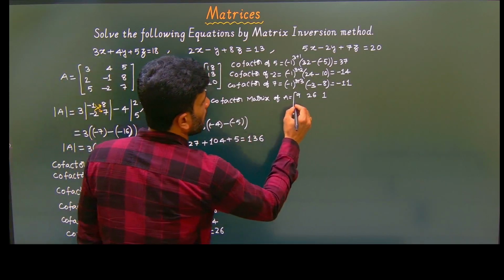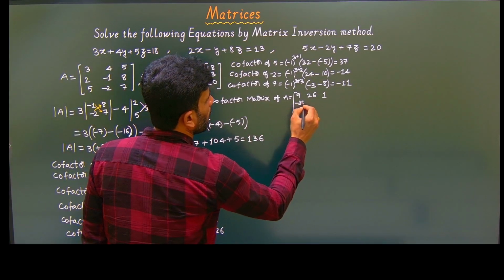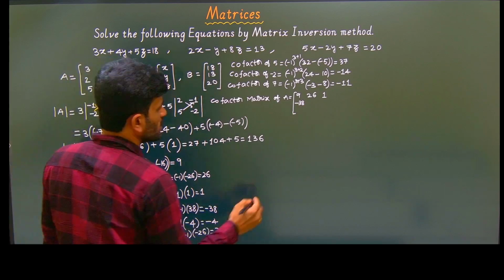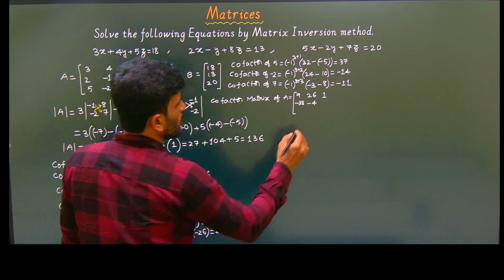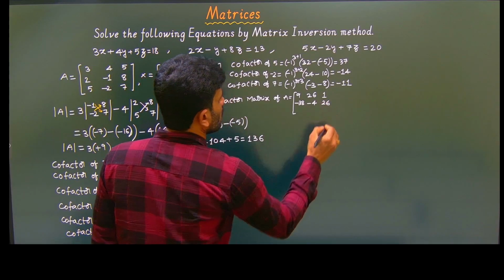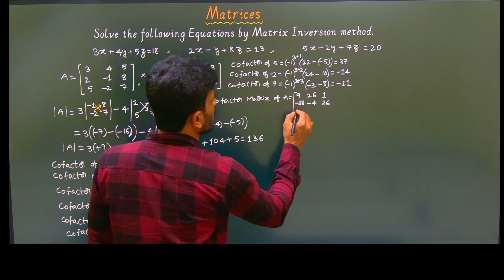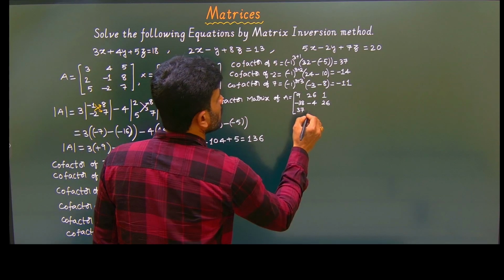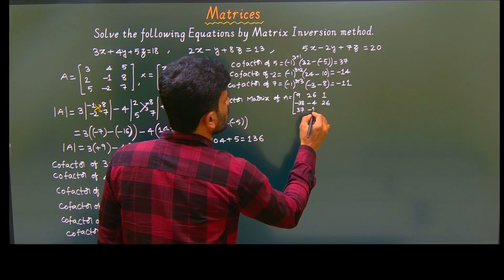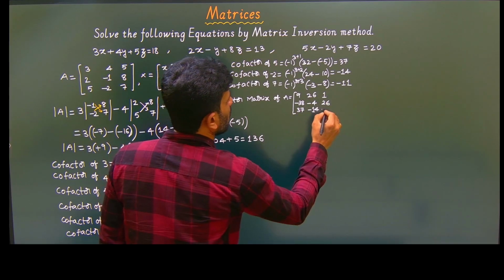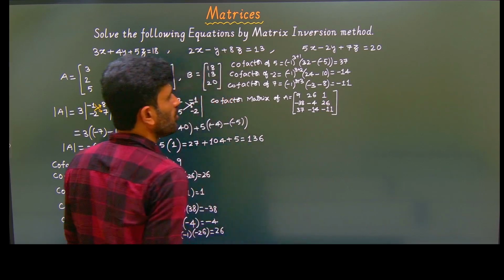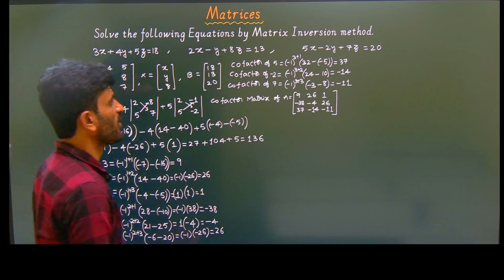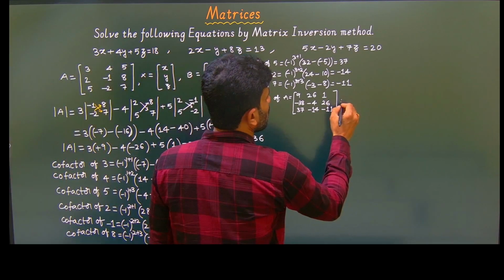Then the remaining cofactors are minus 38, minus 4, and then next cofactor 26, next 37, minus 14, minus 11. So this is called cofactor matrix of A. Once after we are finding all the cofactors, we have to write them in the matrix, that is the cofactor matrix.